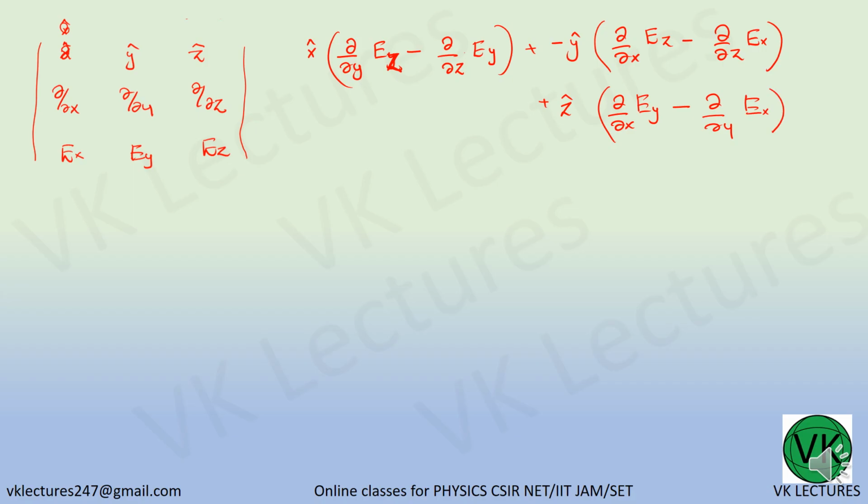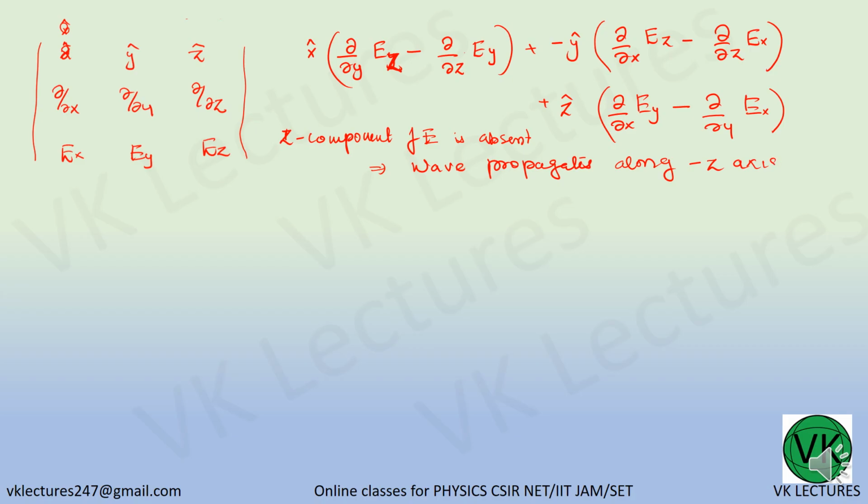Now from the question, there is no z component for the electric field. Why is it absent? Because the wave is moving along the z direction, that means the wave propagates along the negative z axis.